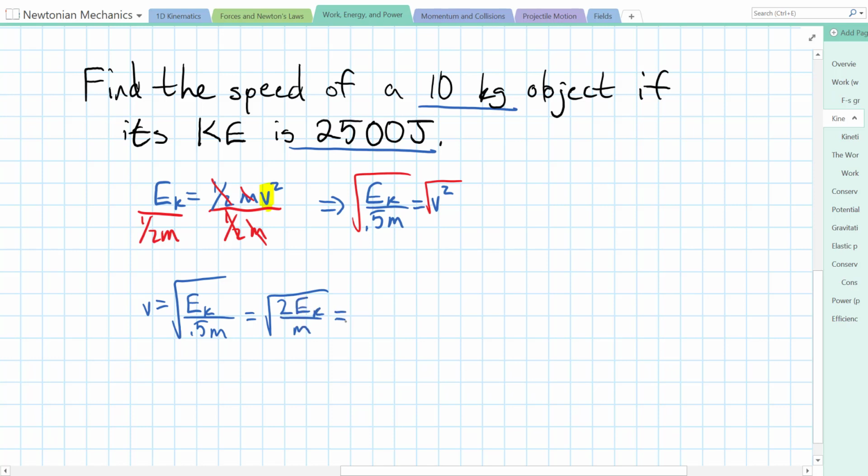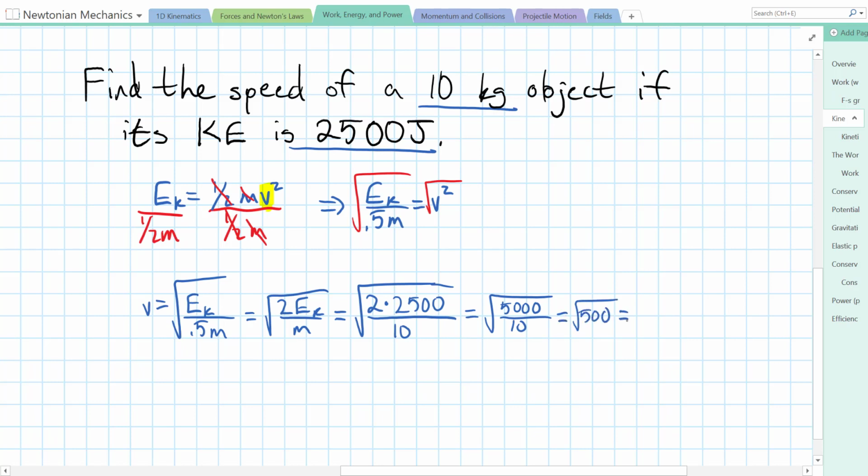So we plug in our numbers. Square root of 2 times our kinetic energy, which is 2,500, divided by our mass, which is 10. So I'm getting root of 5,000 over 10, which is equal to root of 500.